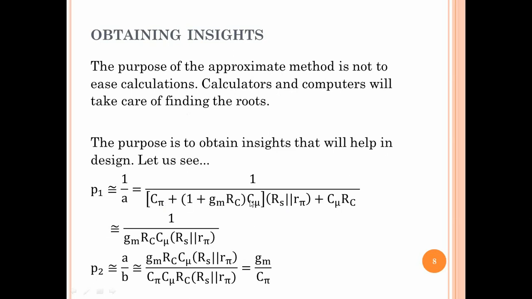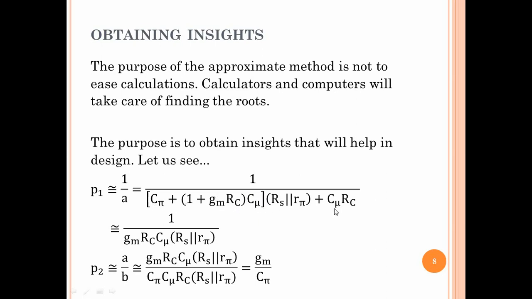Now we know that GMRC is usually large, 100, 200 like that. C pi and C mu are typically of the same order, although C mu is slightly smaller, a few picofarads each. So we see that this GMRC C mu term will dominate in this first term, this C pi, and the 1 can be ignored.